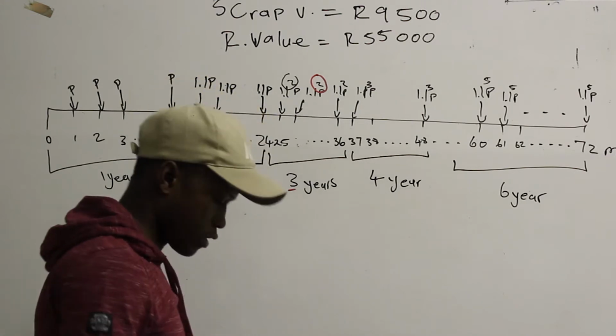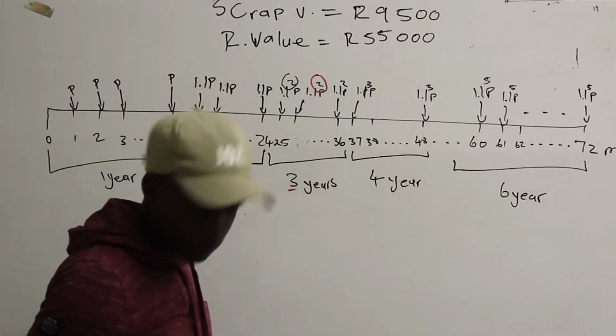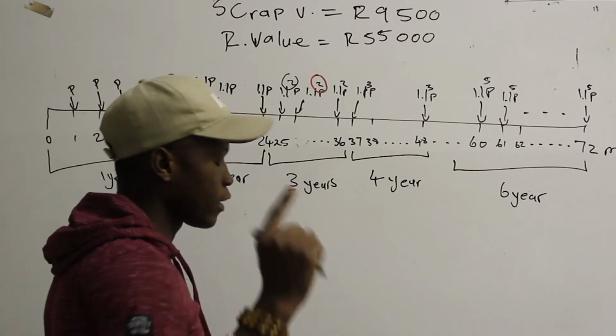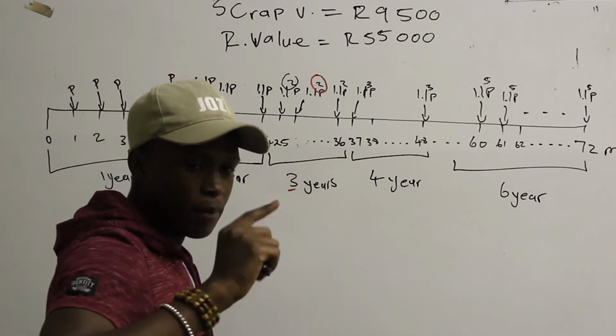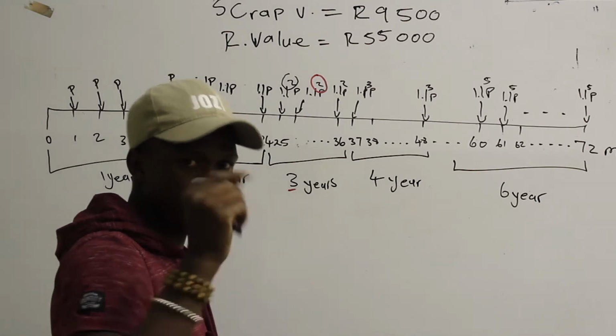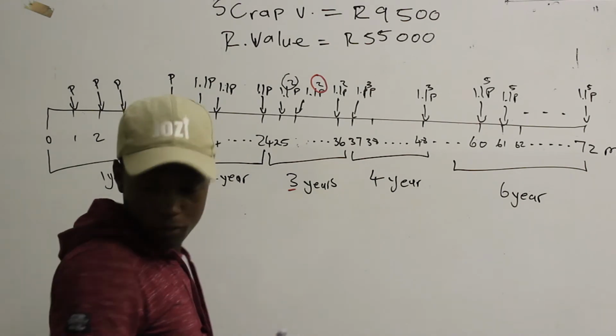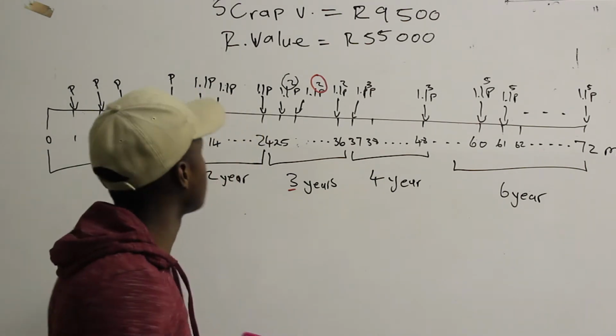Right, now we are done with our timeline. And the question needs me to find the first payment. And remember, they told us about money, 250, that is being paid for maintenance of the machine.